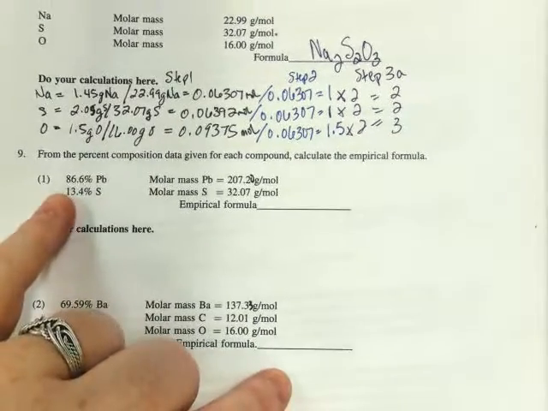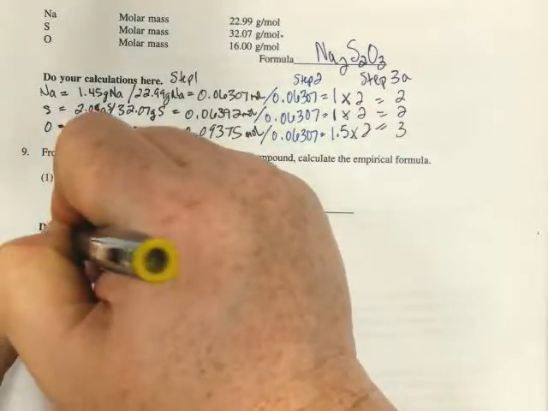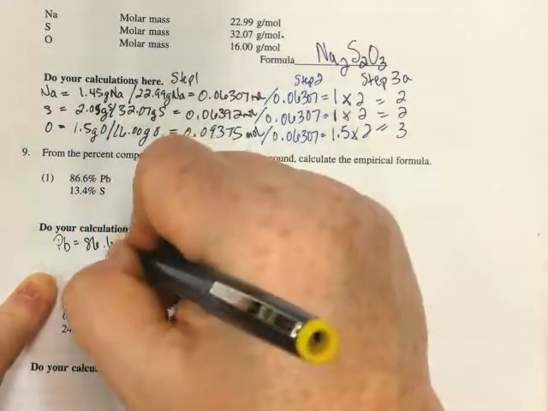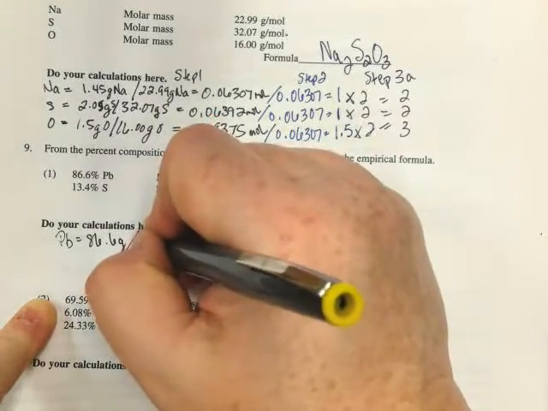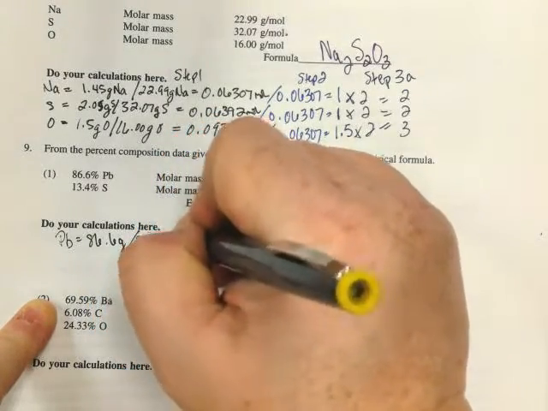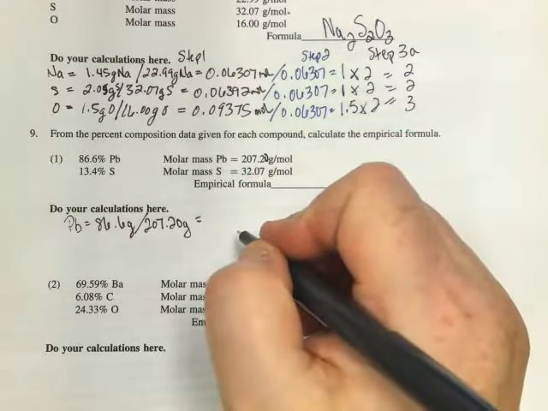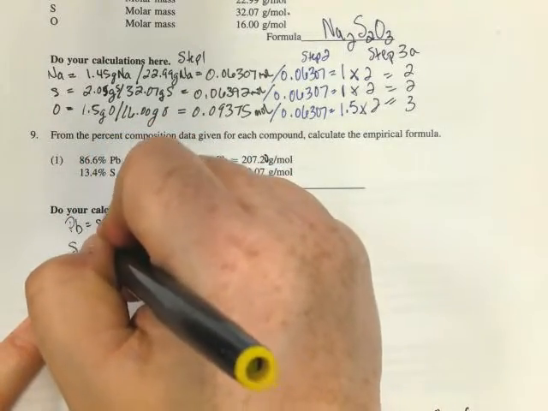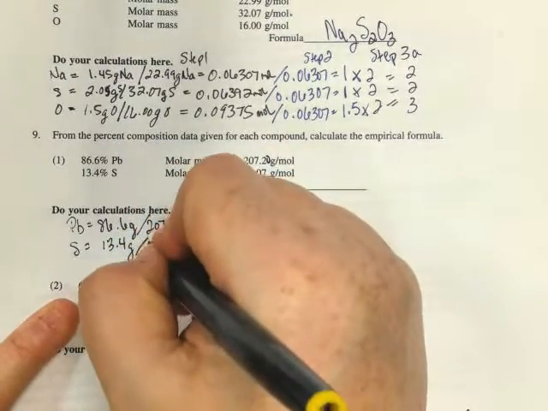So it looks to be, we have lead would be 86.6 grams divided by the mass of lead, which is 207.20 grams. Let me go ahead and do the next one before we move on. Sulfur can be 13.4 grams divided by the mass of sulfur.